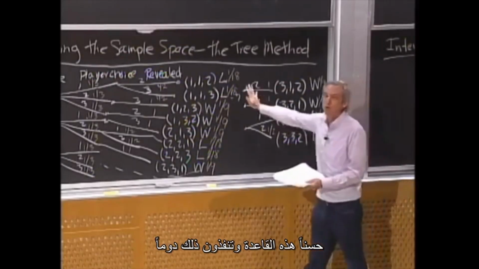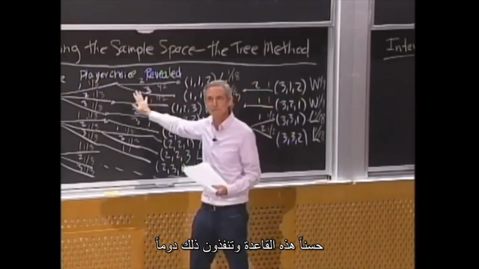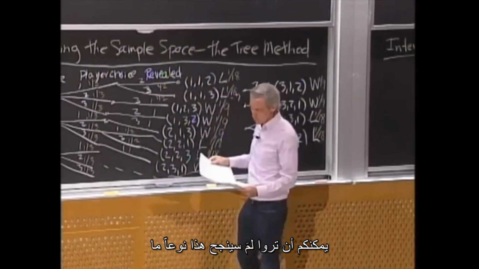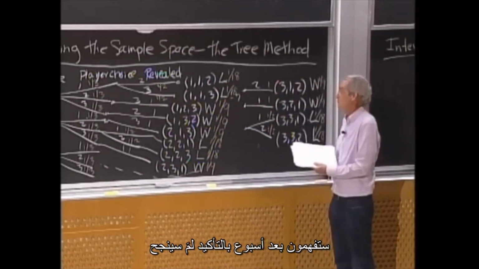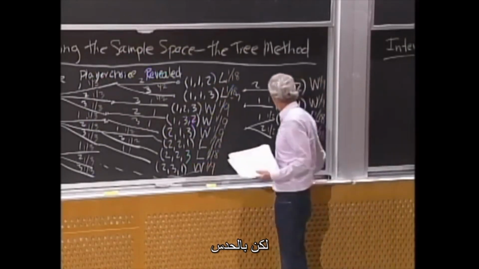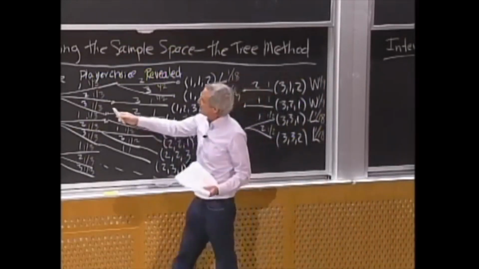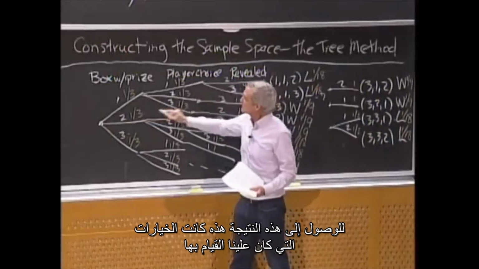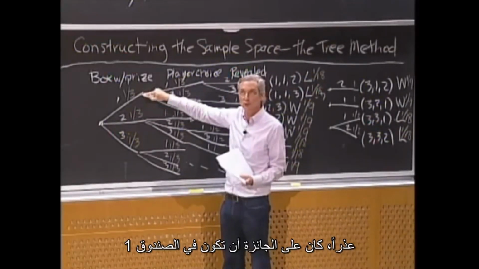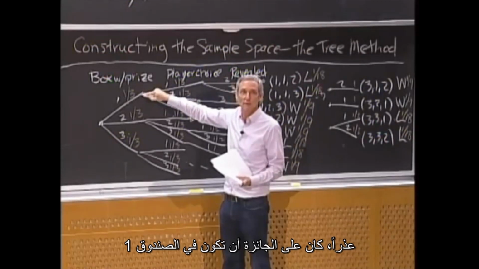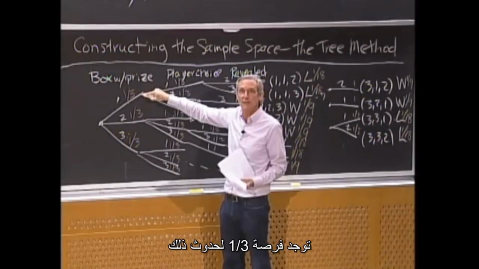Okay, now that's the rule, and you always do this. You can sort of see why it works. You'll understand after another week for sure why it works. But intuitively, to get to this outcome, these are the choices we had to make. First, the prize had to be in box 1. There's a 1 in 3 chance of that happening.